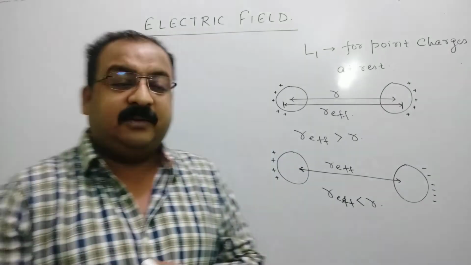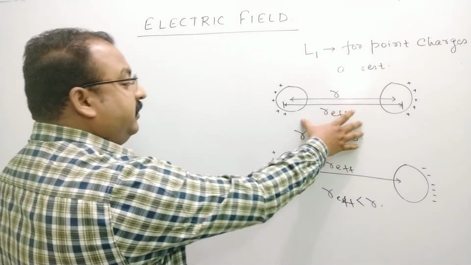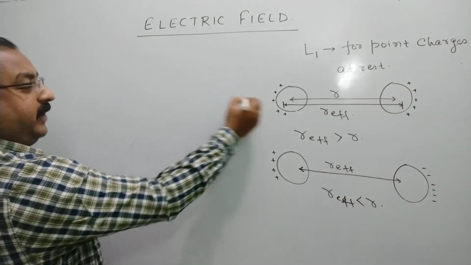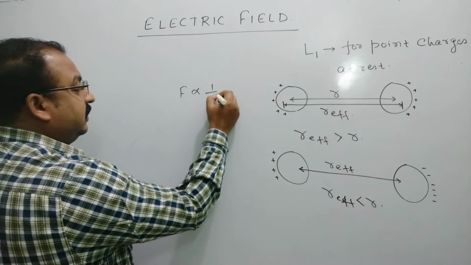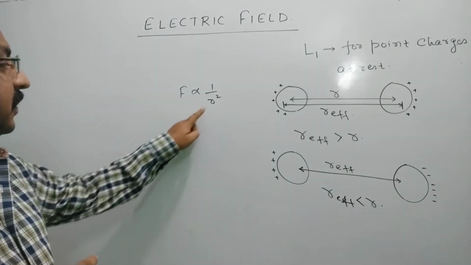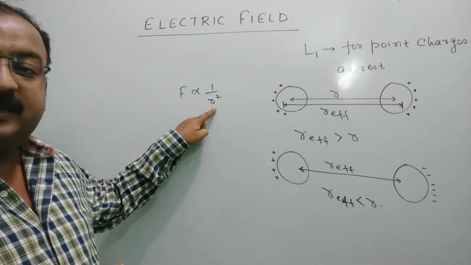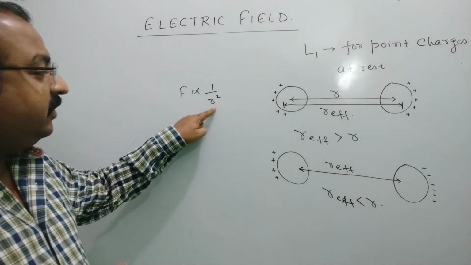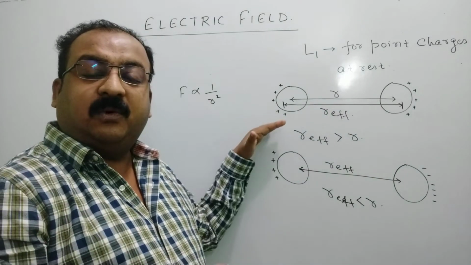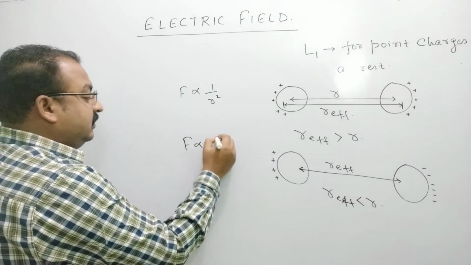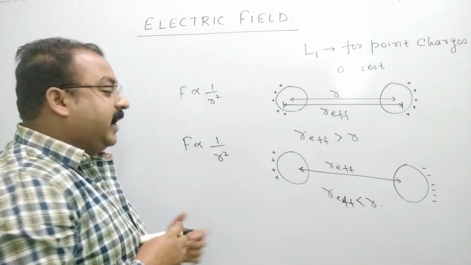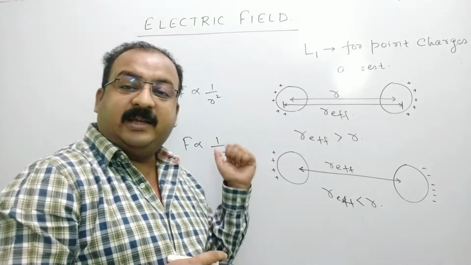So obviously, in the first situation, the force is inversely proportional to the square of the distance. So the effective distance is increased, the force will be decreased. And in this case, since the effective distance decreases, the force will be increased.